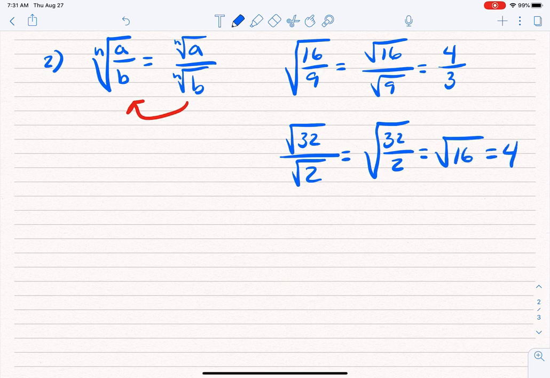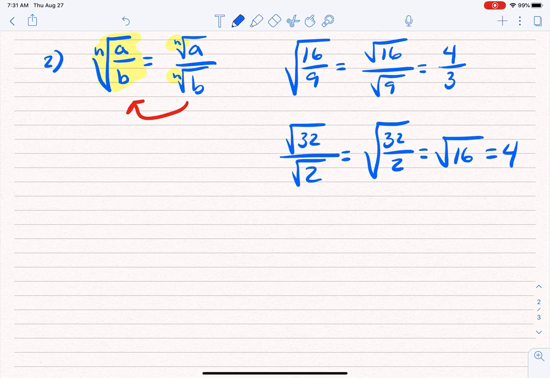So sometimes it makes sense to go forward on this rule, and sometimes it makes sense to go backwards. But the good thing to know is that a fraction can be split into two radicals, or a fraction of two radicals, as long as they're the same power or root, can be combined into one big fraction. You can go frontwards or backwards.